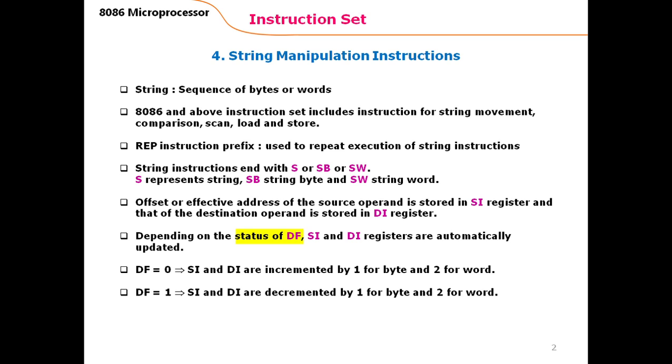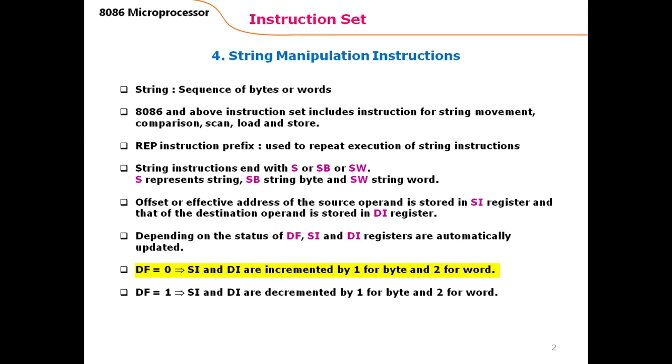To control that, there is a flag, the direction flag, represented with DF. The direction flag determines if the index registers would be incremented or decremented. So if DF is 0, that means the auto increment mode is set, and each time the string instruction is repeated, SI and DI would be incremented by the number of bytes that have been operated on.